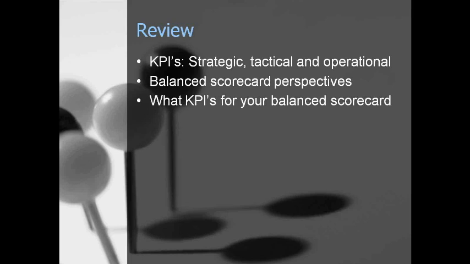And operational, how are we doing out in the production floor or in the fulfillment area right now? Then we looked at the different perspectives that we need on a balanced scorecard. And finally, we wrapped up with the types of KPIs that you would find on each of these perspectives.